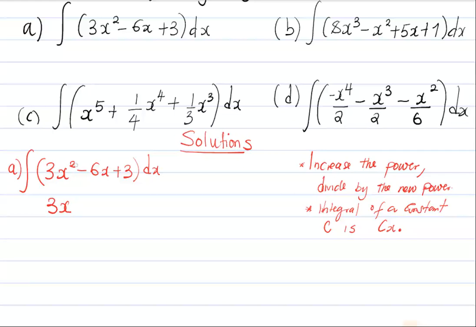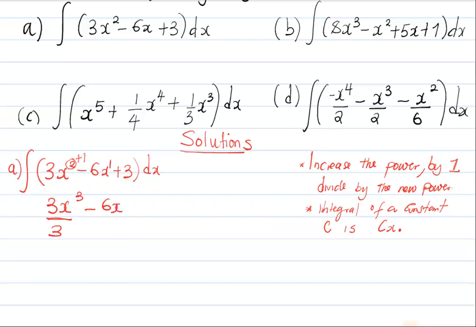So we are going to say 3x, we increase the power by 1. So we increase this power here by 1, we say plus 1. This gives us 3. So we're going to divide by the same new power that we've got now, which is 3, minus 6x.